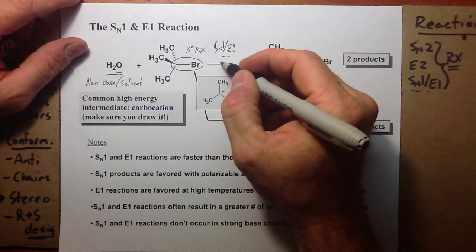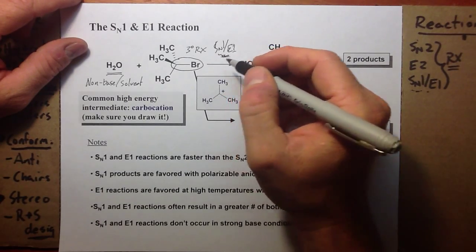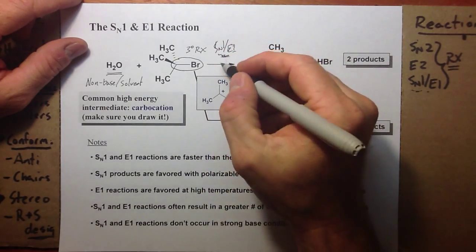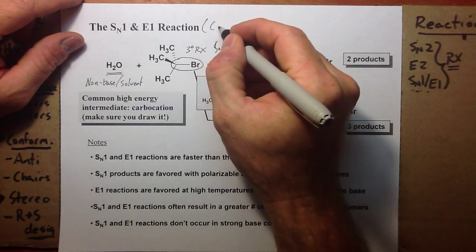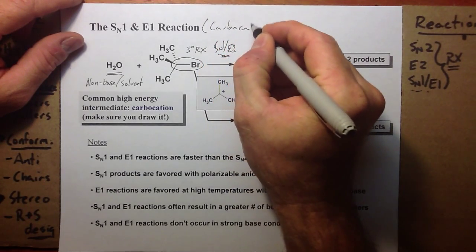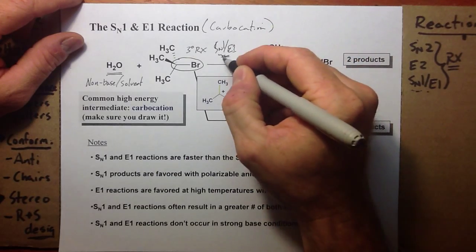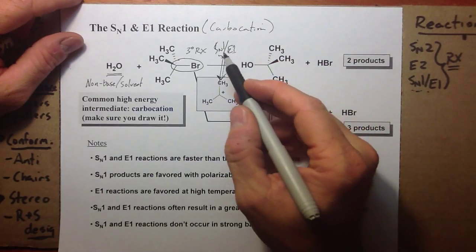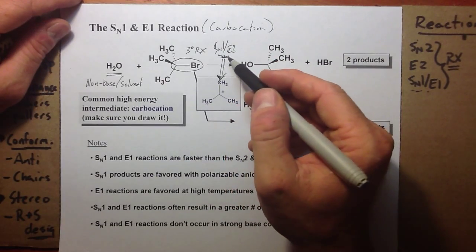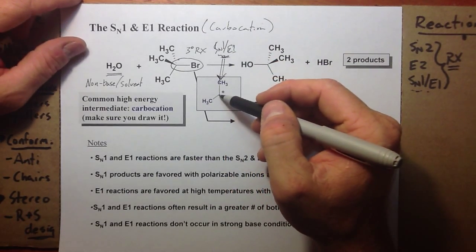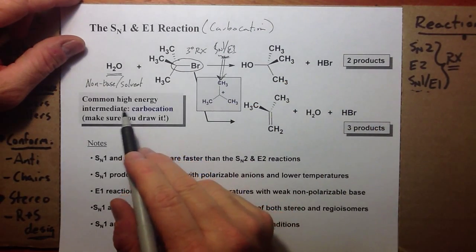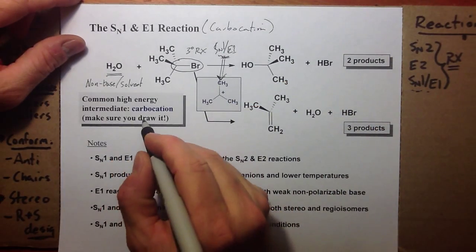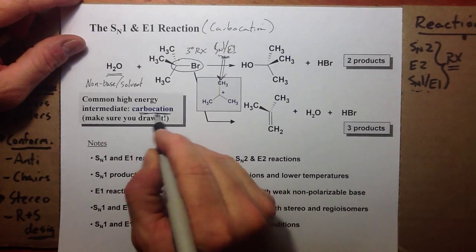What's the first thing you should draw when you put your note down that you're going in this direction, SN1 E1? You should go to carbocation. Everything runs through the carbocation. That's why these two are often competing, because they share the same rate-limiting step, the formation of this common high-energy intermediate called the carbocation.